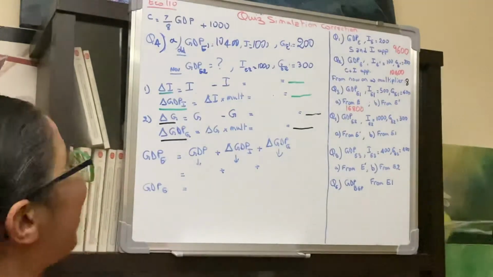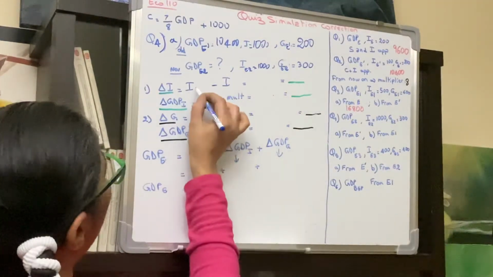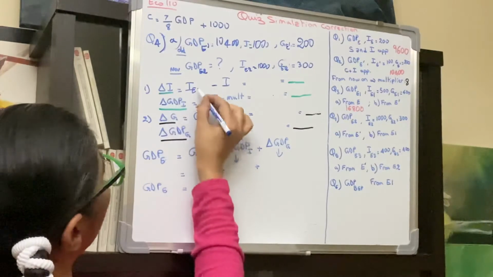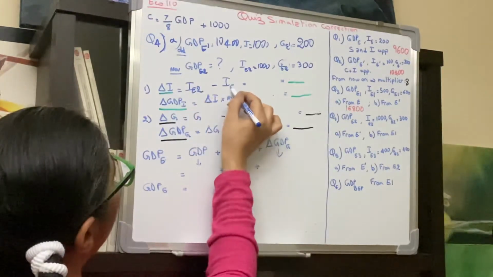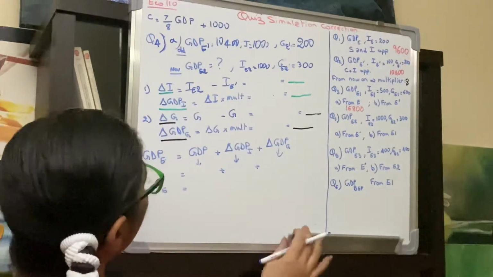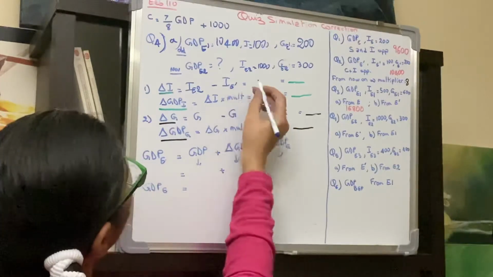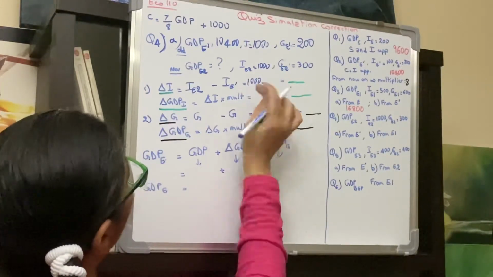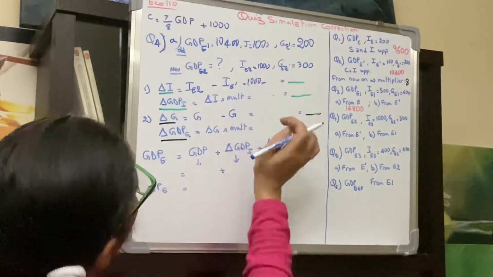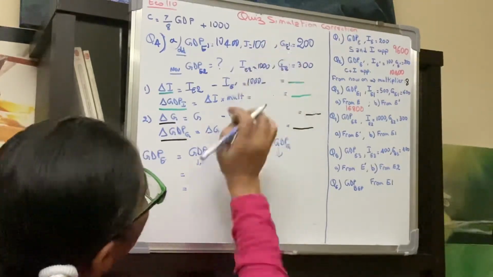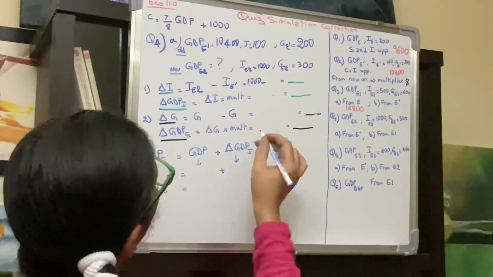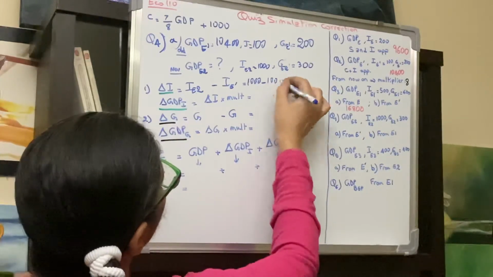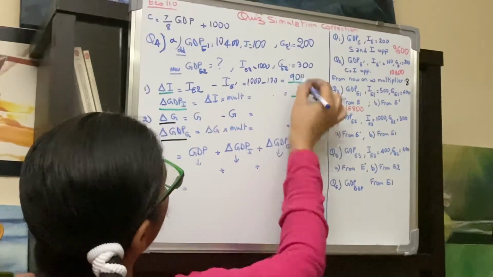Okay, let's start. So here delta I is equal to IE2 minus IE prime. So delta I is equal to 1000 minus 100, which is equal to 900.